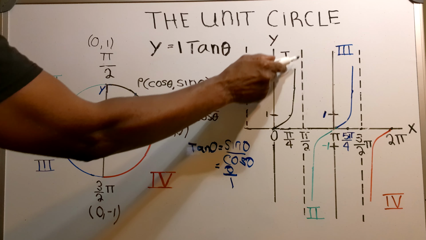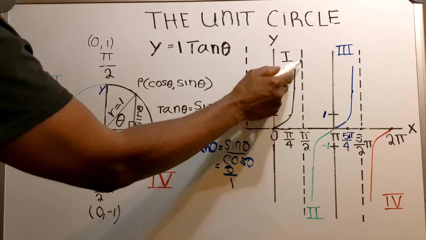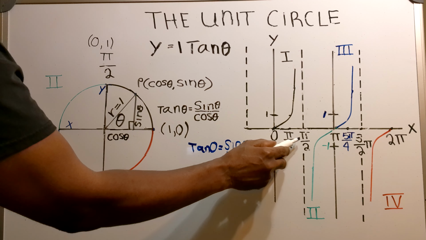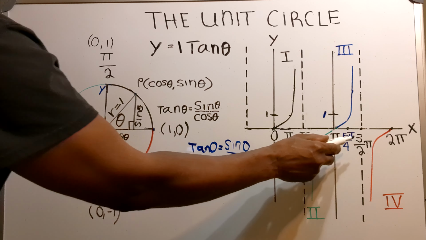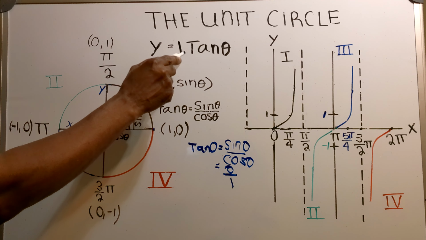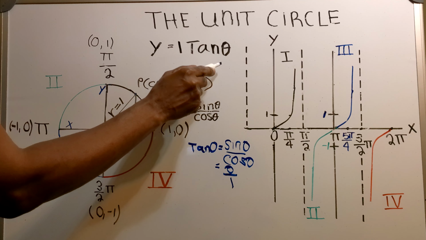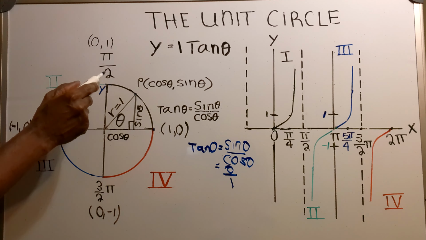Now, I've got the dotted lines. The reason why these lines are dotted at 1/2 pi and 3/2 pi is because for the graph of tangent, this point never really reaches 1/2 pi.